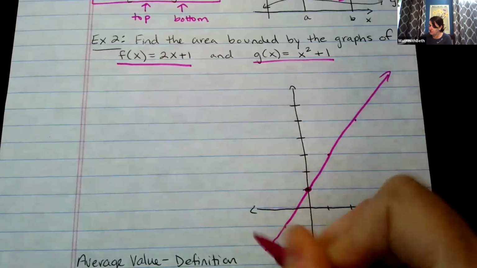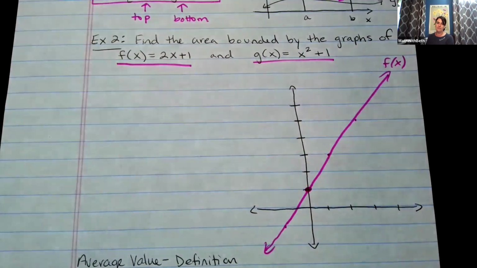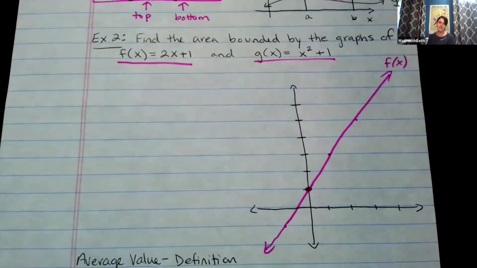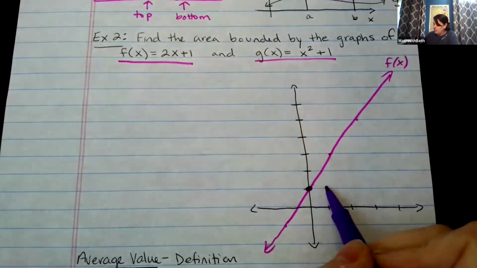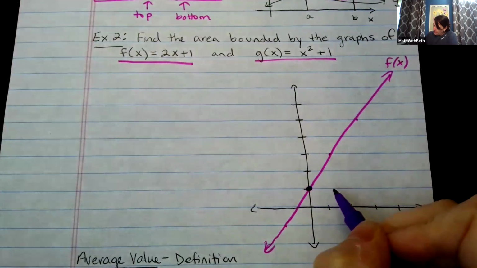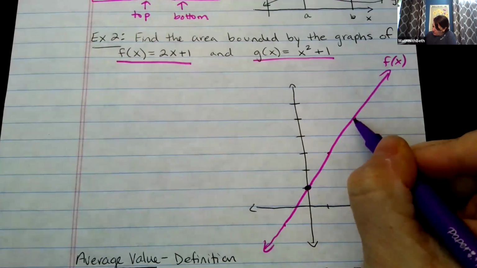Our first graph is a line, but then the second graph is a parabola that would start at 1 and go up. So the pattern is over 1, up 1, over 2, up 4.